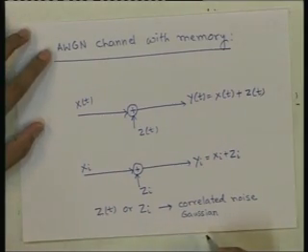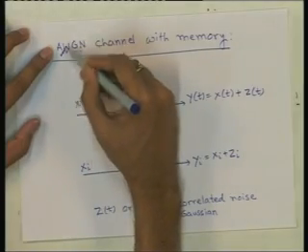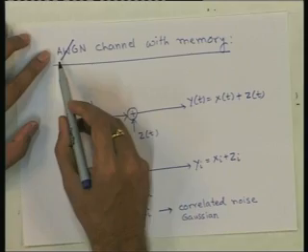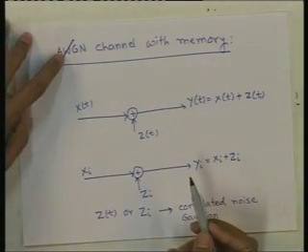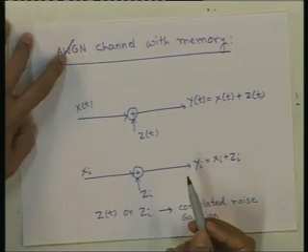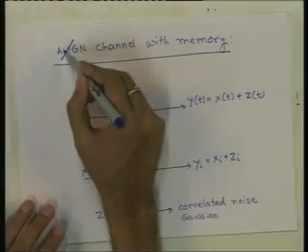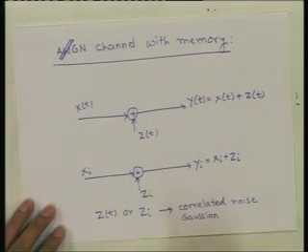Still, this is not white. So, this is not white noise. So, this is not called an AWGN channel, but an additive Gaussian noise channel with memory, because the noise now is possibly not white. If it is not white, then the channel has memory. So, this is not AWGN, but this is an additive Gaussian noise channel with memory.